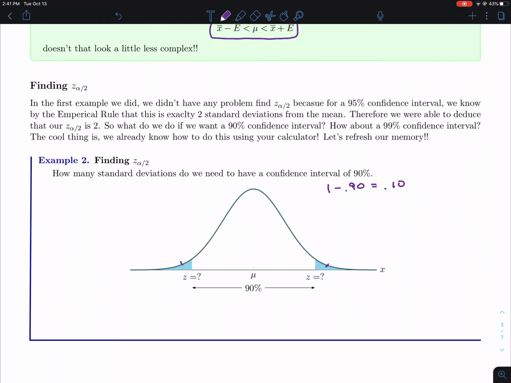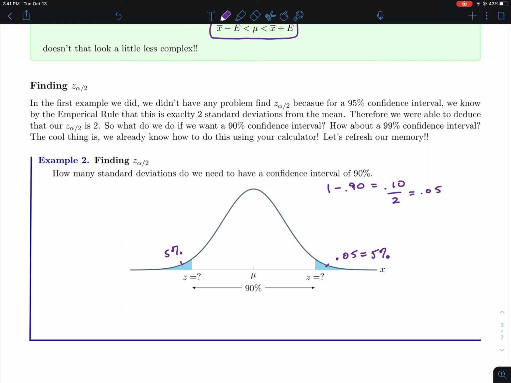But since I've got an upper half and a lower half, I need to divide this by 2. So each of these is actually 0.05, or 5%. So I've got a 5% chance of falling outside my confidence interval on the upper end, and a 5% chance of falling outside on the lower end. So I've got a 10% chance of missing the confidence interval altogether.